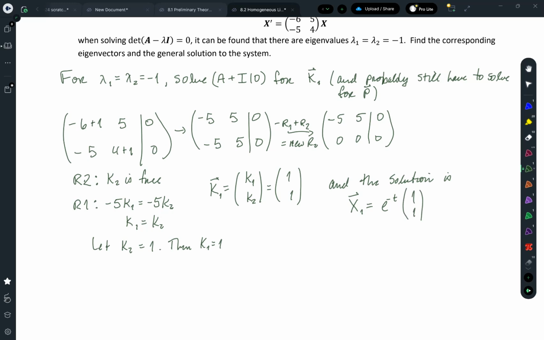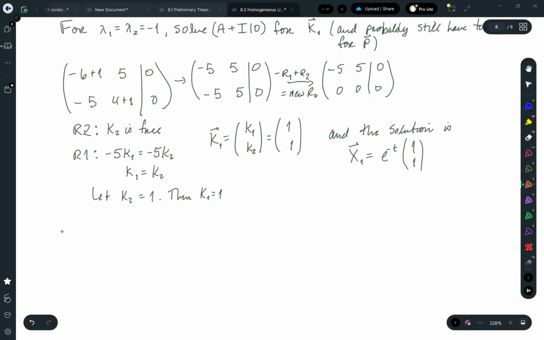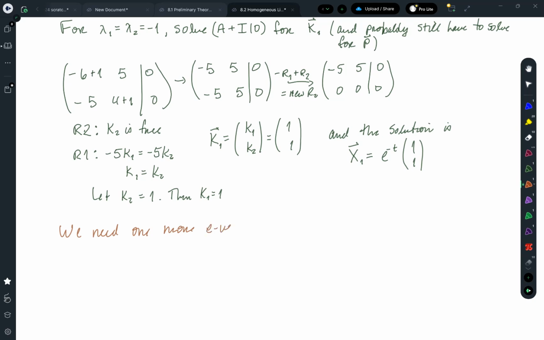We only got one solution. We should have gotten 2, and so we have to work to get that one. So we need one more eigenvector to form x2, which will be equal to, if we go back in our work, what it said was that the second solution would be formed to be K1 t e to the lambda 1t plus p e to the lambda 1t.